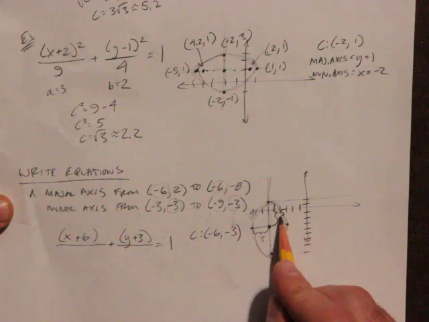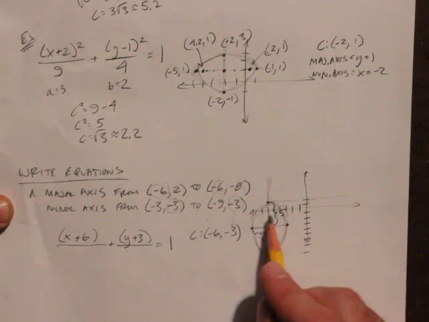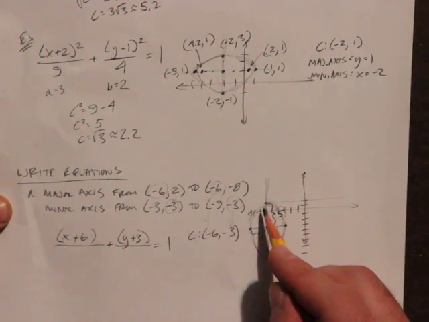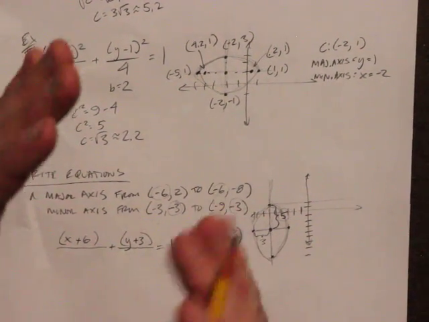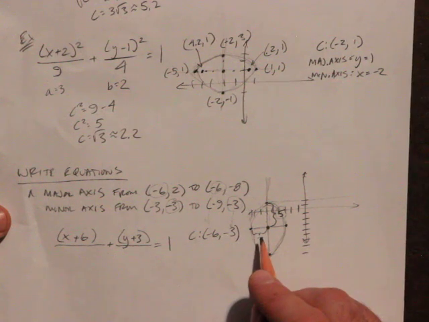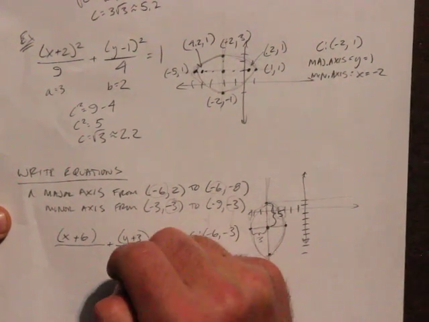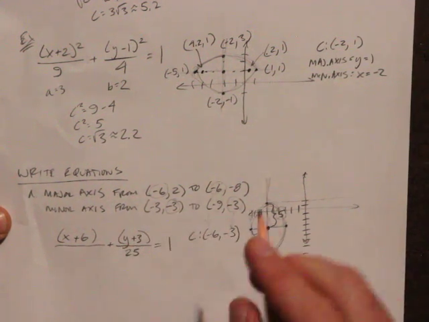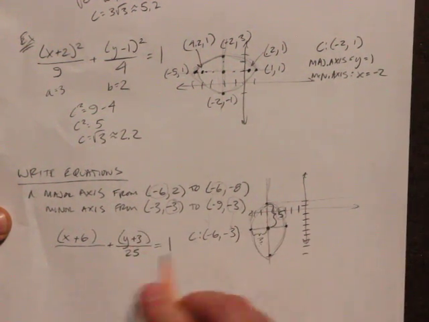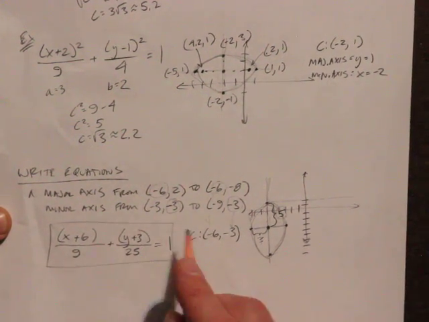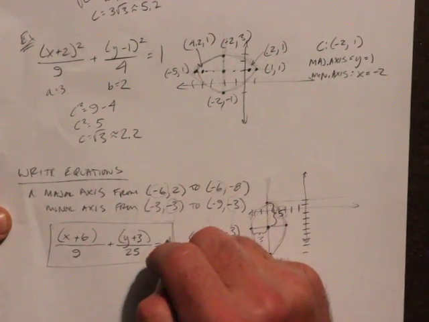So the bigger one is my a value, and that goes with the y because this is oriented this way, it's taller instead of fatter or wider. So a squared is 25. b squared is 9. And that's all I need to write my equation.